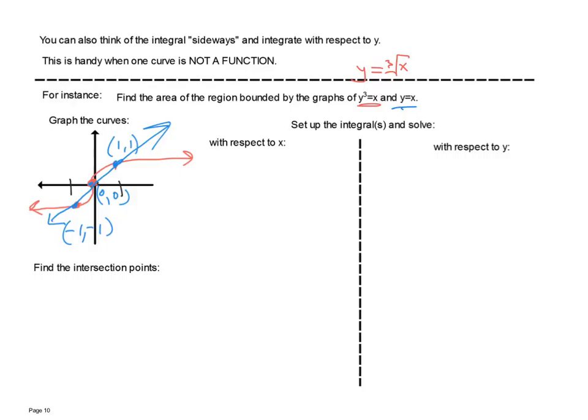So if I'm going to take the integral with respect to y, find the area between the two curves, there's actually two parts. They're actually the same, so you could find one and multiply by 2, but we're going to remember how to split this into two pieces. So if I'm going with respect to x, I do -1 to 1, because I start at -1 and I end at 1.